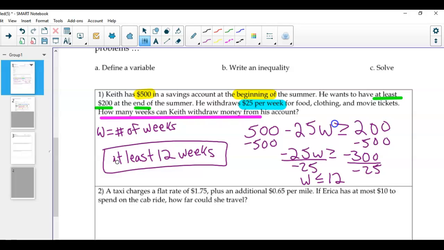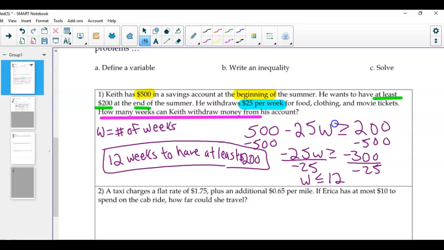I'm just going to say 12 weeks, not at least 12 weeks, because we don't want him going over 12 weeks, because then he wouldn't have at least $200. So let me rewrite that: 12 weeks for at least $200. There we go. Now that makes more sense.